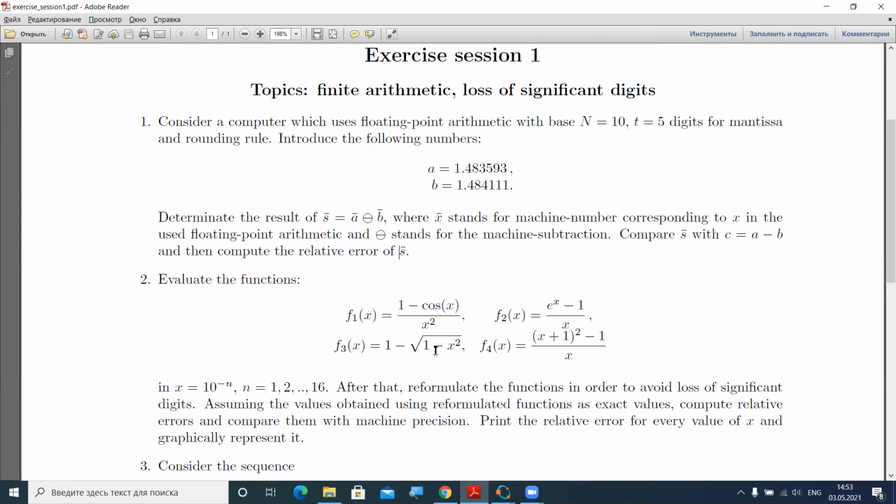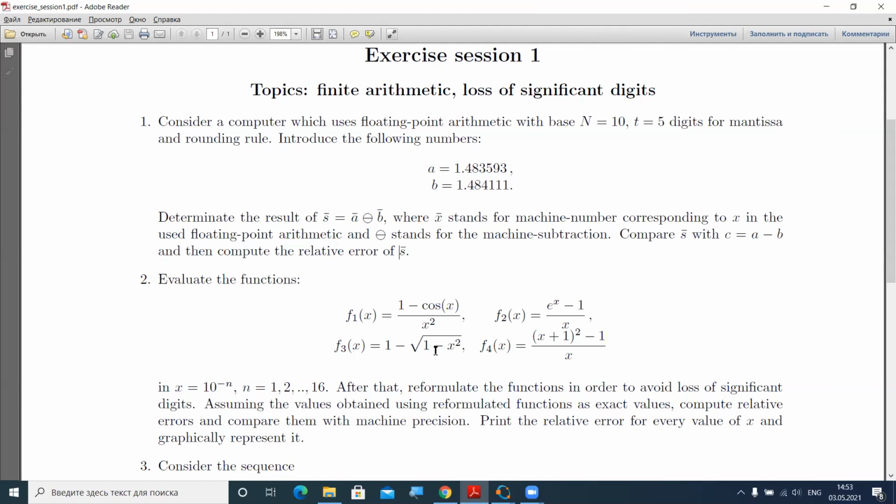We need to change this given function to a new function which is algebraically equal to it, but in machine arithmetic they are not equal. Then when we change our function to the new reformulated function, we have what? A relative error between them, and we compare these two functions.